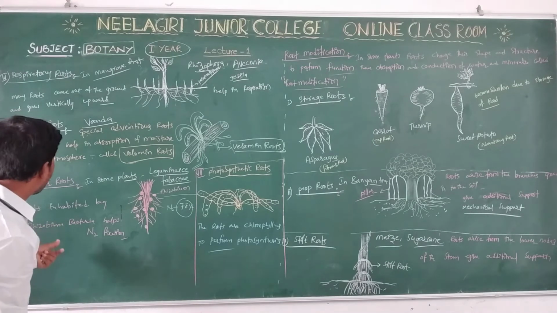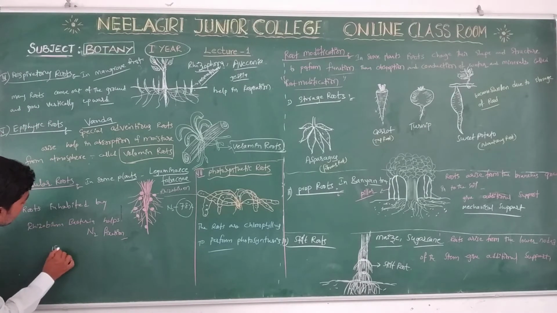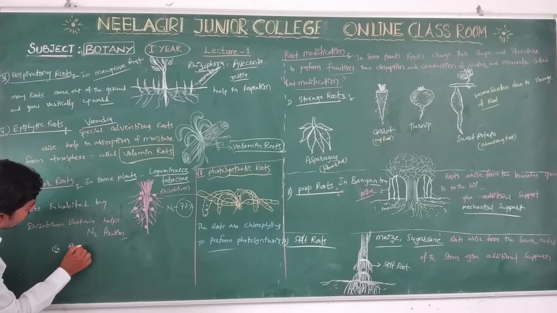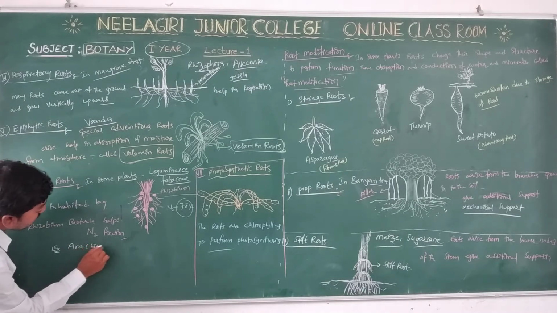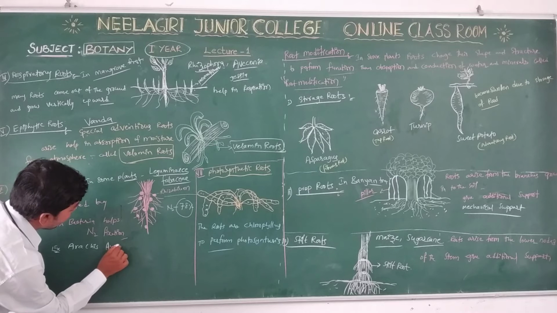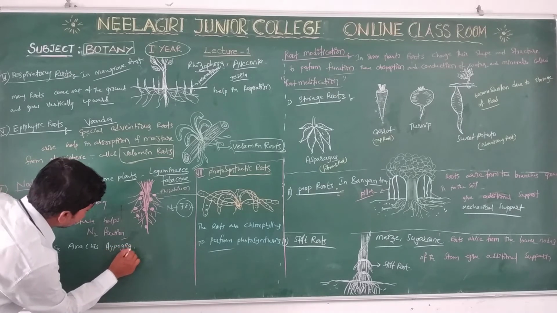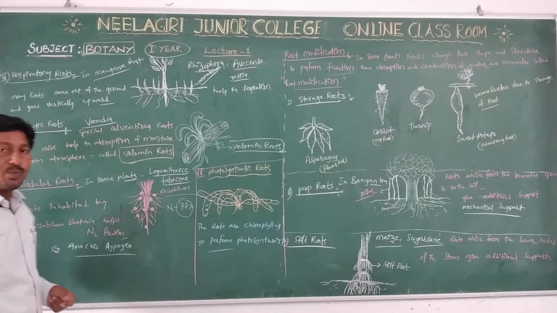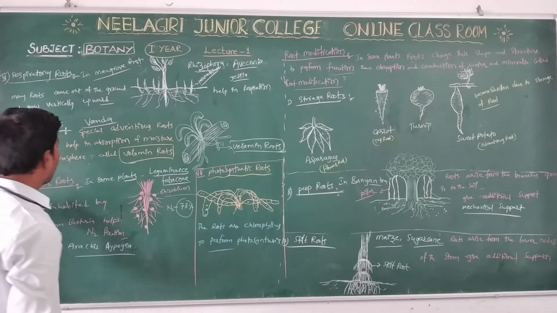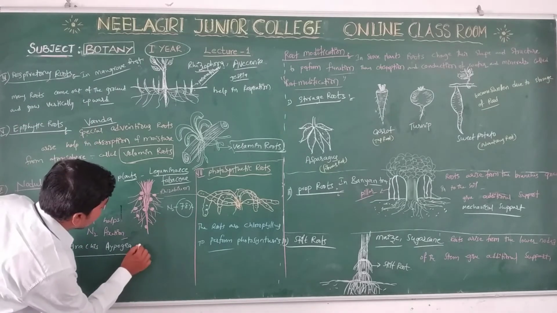Best suitable examples: Arachis hypogaea and Cajanus.